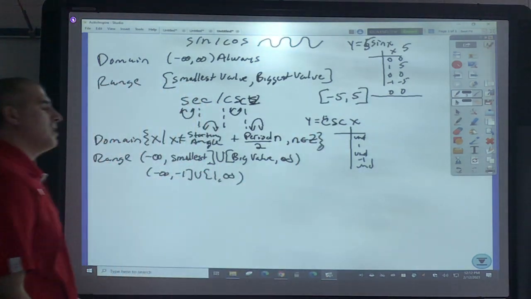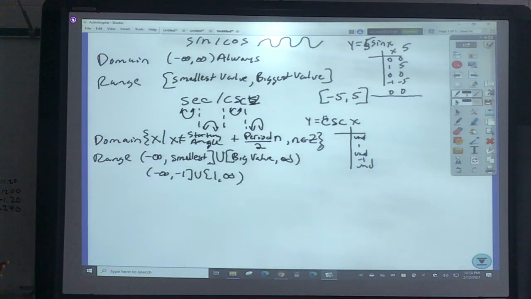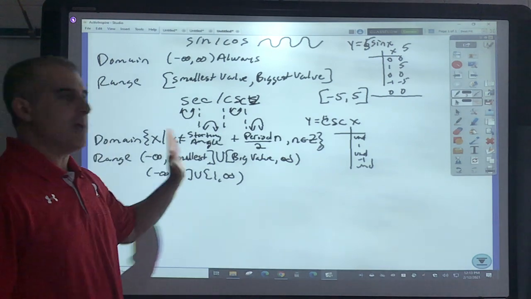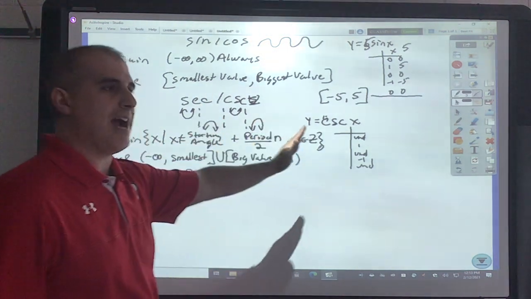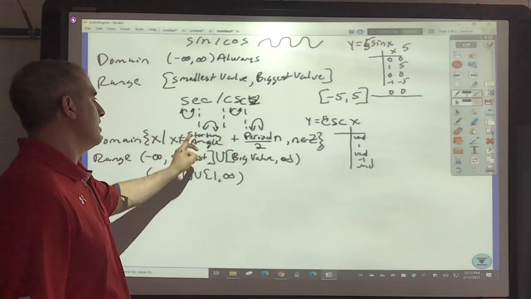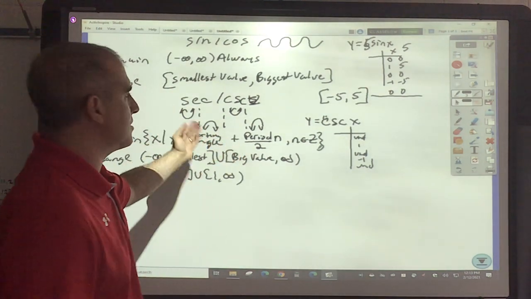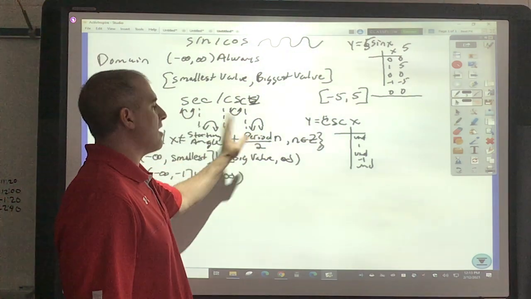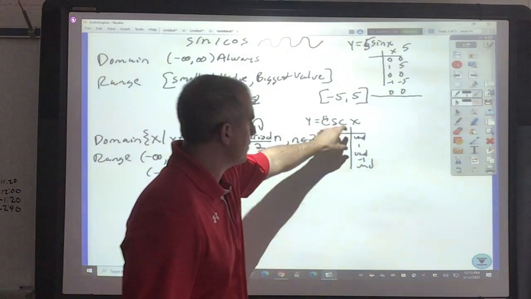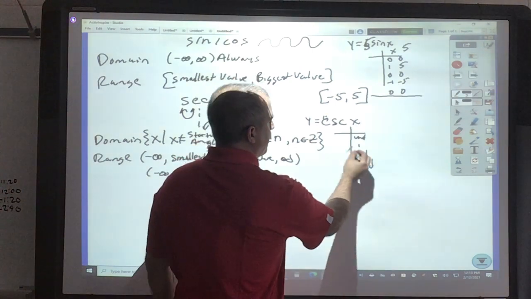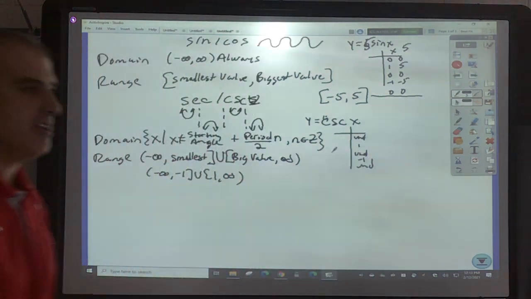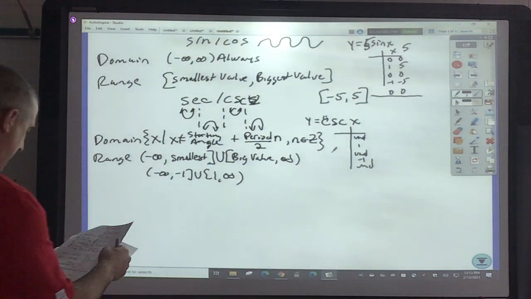I'll explain that in a little bit; we'll have to do that through an example. Basically, because we have these asymptotes, we have to account for them. The first asymptote will be the starting one, and then you figure out whatever the period divided by 2 is, because if you look at the period halfway through, you get your asymptote. So that's the concept with that.